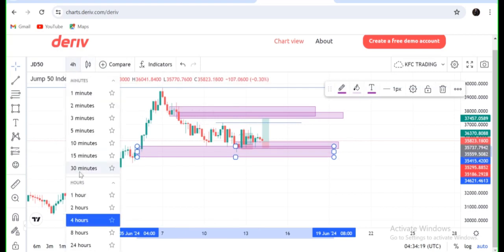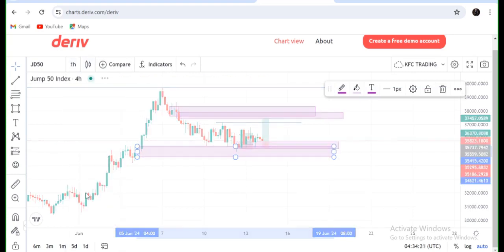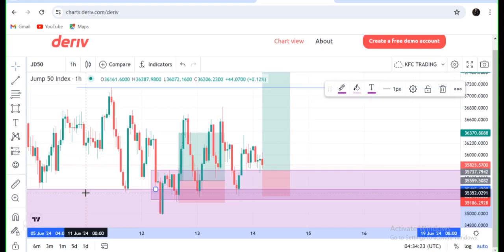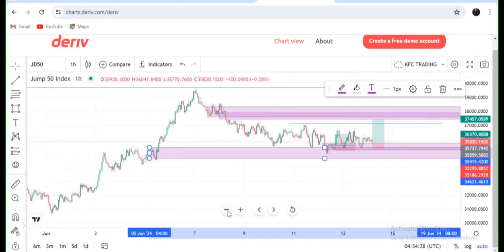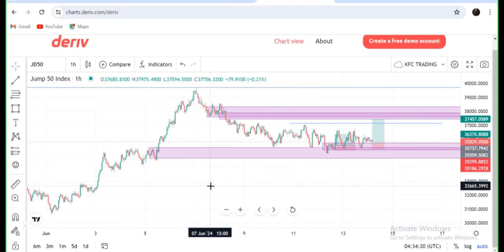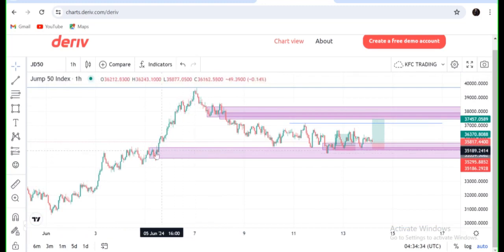If you go down to the 1 hour time frame, let me see if I can spot it again. Okay, so this is that particular mitigation block that gave me this confirmation.